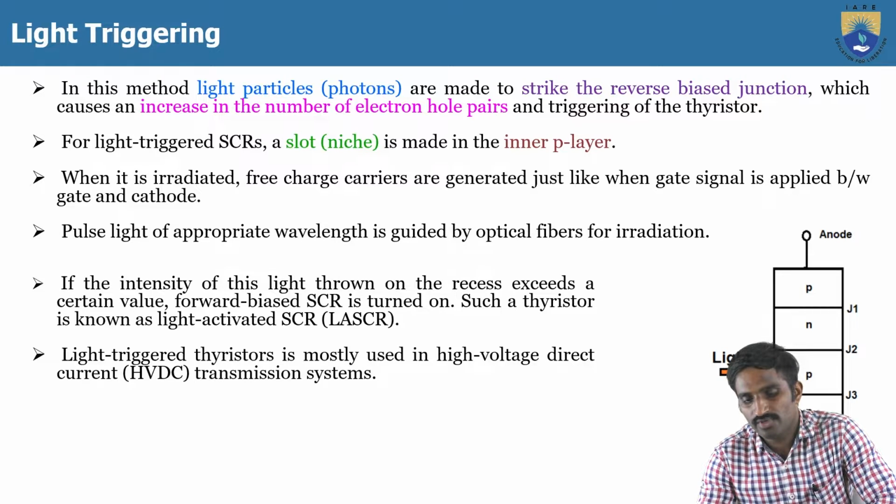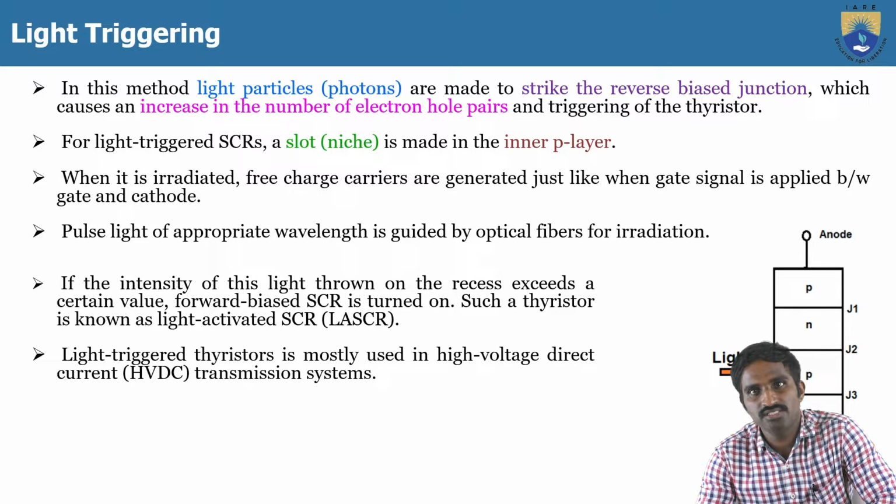To strike the photons near junction J2, we must make a slot in the inner P layer. If the intensity of the light thrown on it exceeds a certain value, then the forward biased SCR is turned on. Such a thyristor is known as a light activated thyristor.